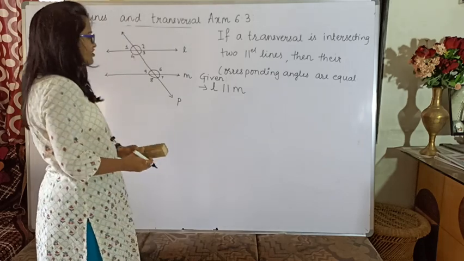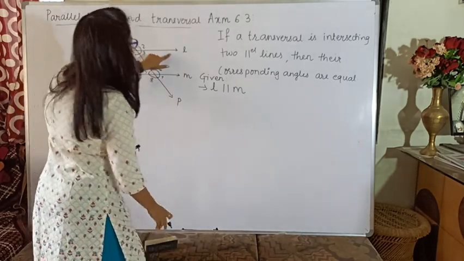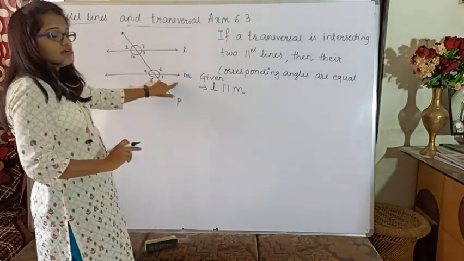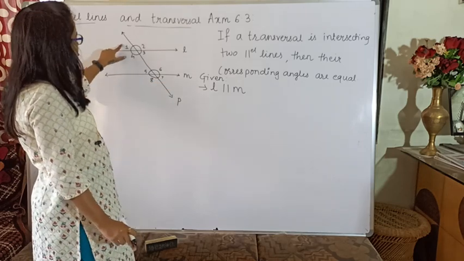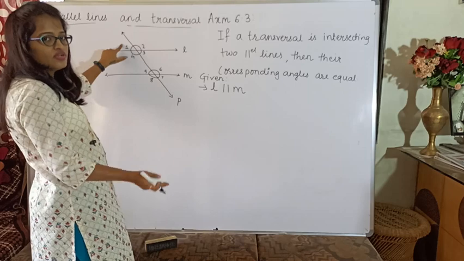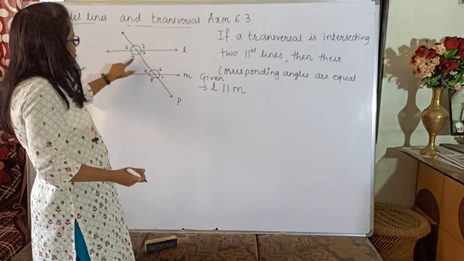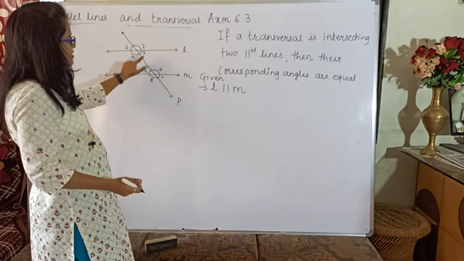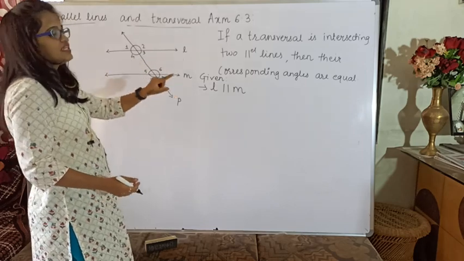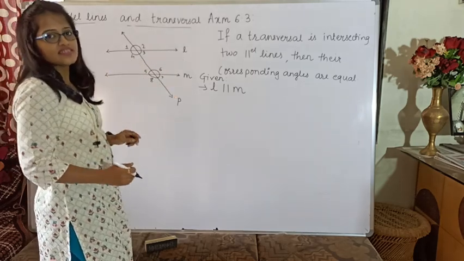So if line L is parallel to line M, then the corresponding angles formed in this case are equal. Now which is the corresponding angle to 1? As I have told, upper side, left side for both the lines. So 1 and 5, 2 and 6, 4 and 8, 3 and 7. The axiom says that these corresponding angles are equal.